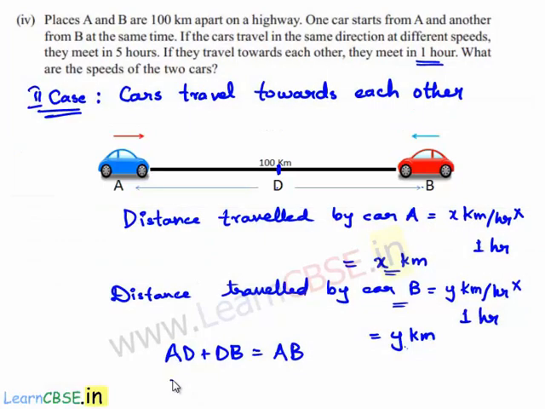AD is x kilometers, DB is y kilometers, and AB is 100. Let this be equation number 2. So we have obtained two equations, that is x minus y is equal to 20 and x plus y is equal to 100. Let us solve both of these equations and find the values of x and y.